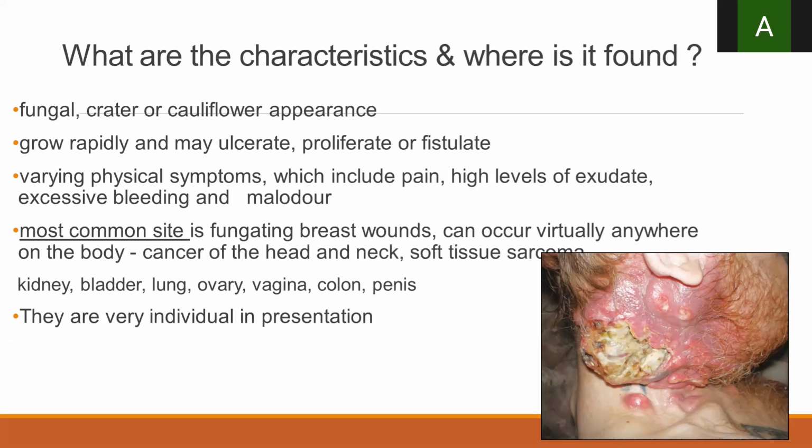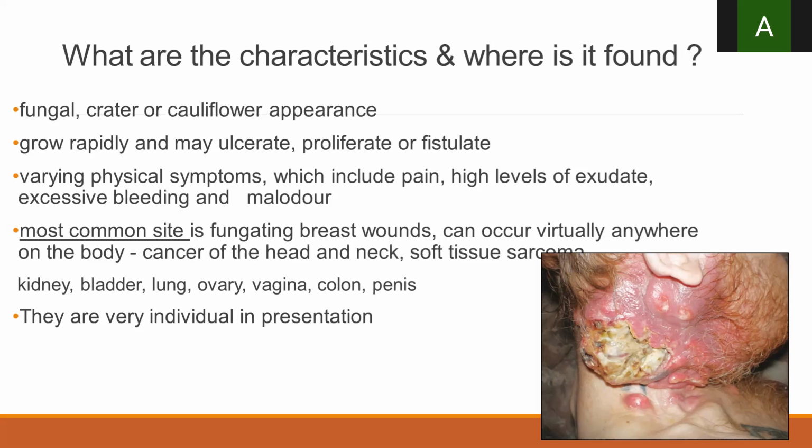Here there won't be slight exudate, but plenty of fluid will be coming out. We will see why. Excessive bleeding may occur, and there will be malodor. The most common site of this fungating wound is the breast tumor, but it can be anywhere.